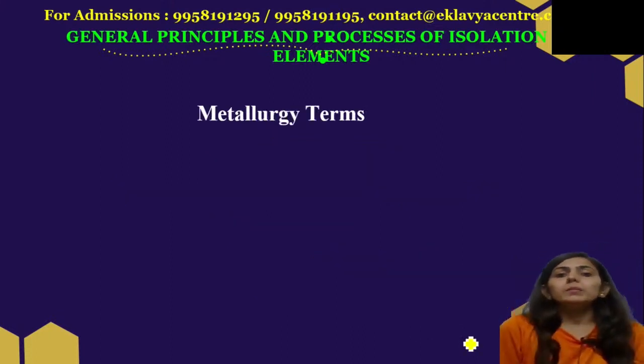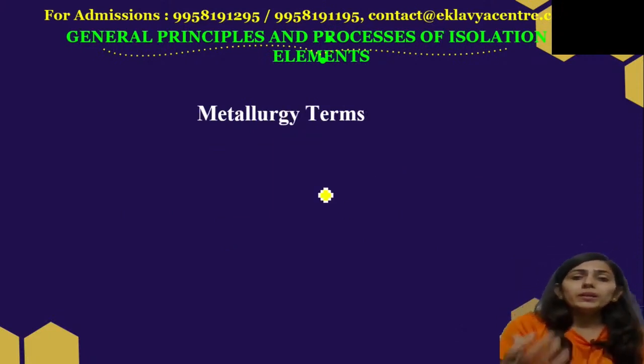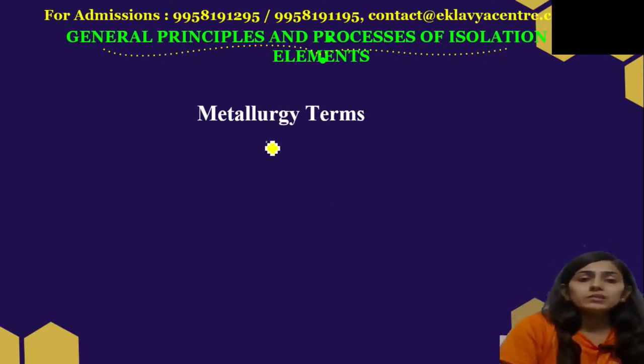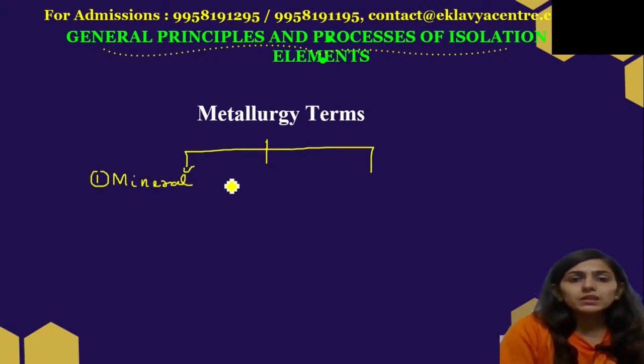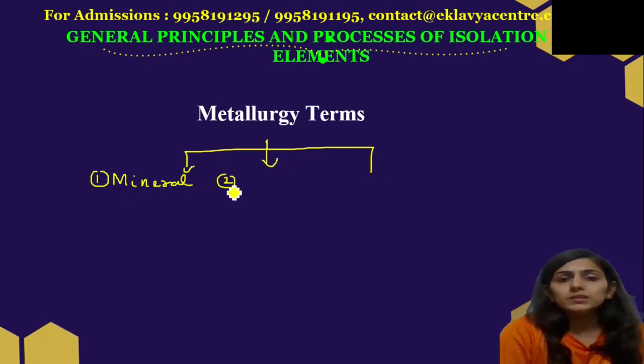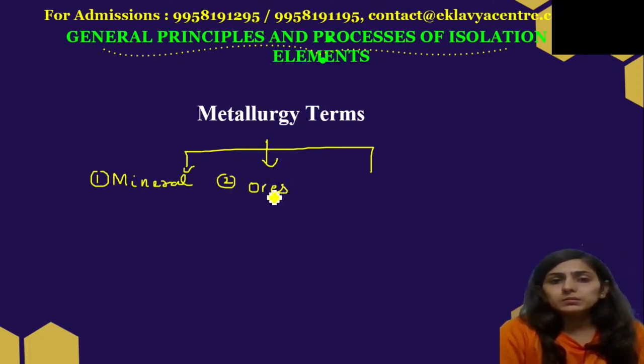Next we have metallurgy terms. So this chapter is all about metallurgy, right? Now before going to metallurgy, we should know what the metallurgy terms are that we have to discuss in this chapter. The first thing that we have to discuss is minerals. What are minerals? You must have studied about minerals in your junior classes also, especially in geography.